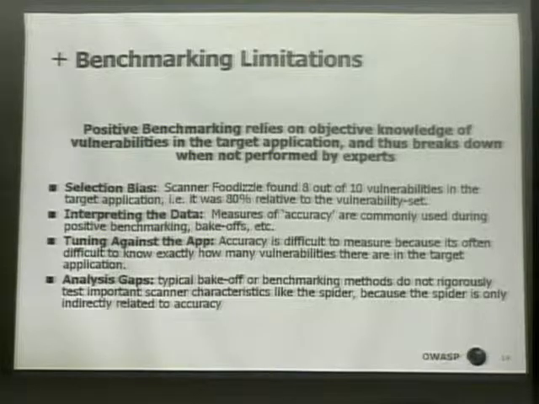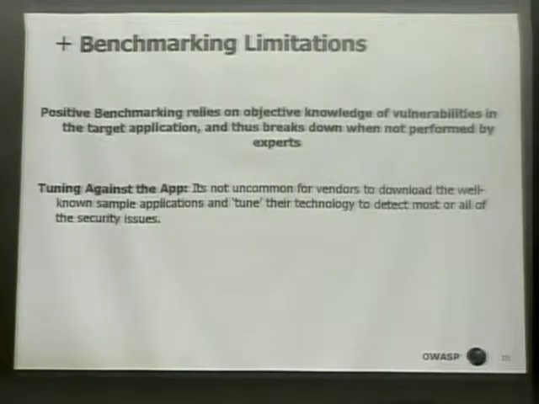So you pick a target that has certain vulnerabilities, and you're going to find those. But if there are other potential vulnerabilities there and you miss them, you're kind of missing the point. There are also problems with interpreting the data, and when you're looking at the results, you can make errors. Those are some of the problems that benchmarking has.